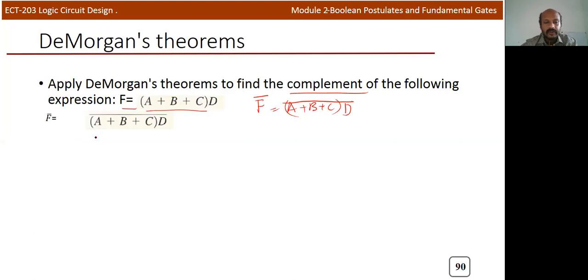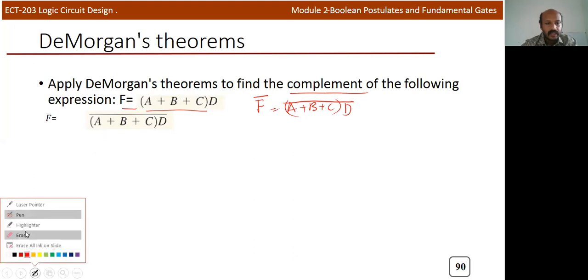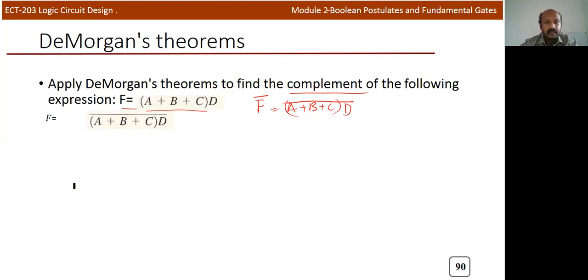Okay, so in order to find that, we can apply DeMorgan's theorem. So there are two expressions. Now we can consider a plus b plus c as one unit, and d is another unit. Let it be x, so we can consider this term as x, and this particular term as y.